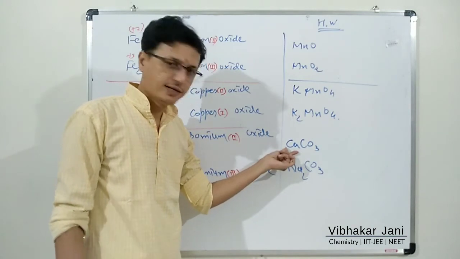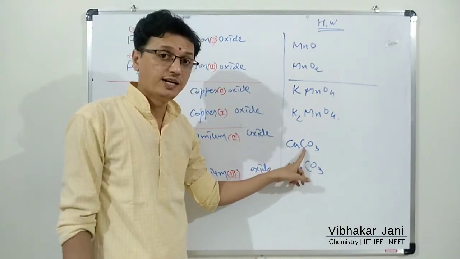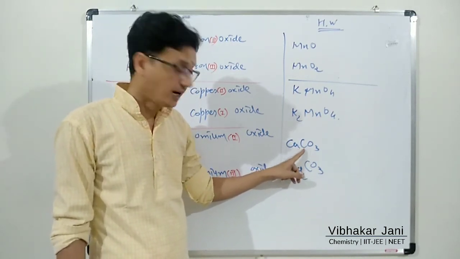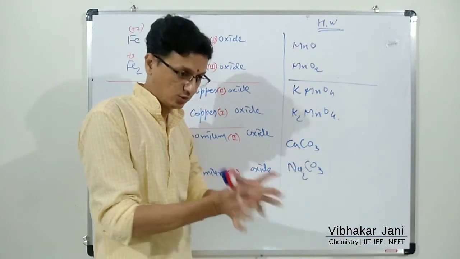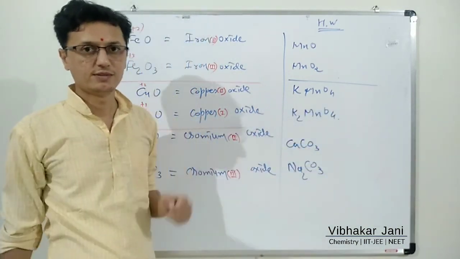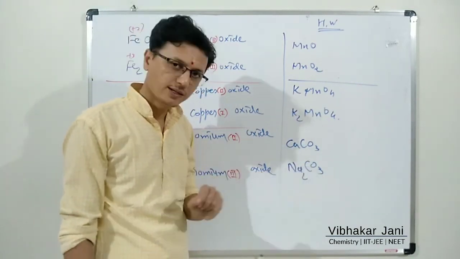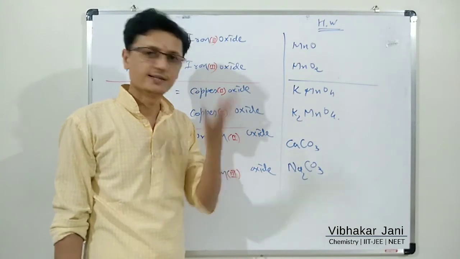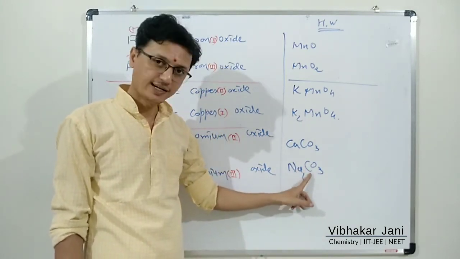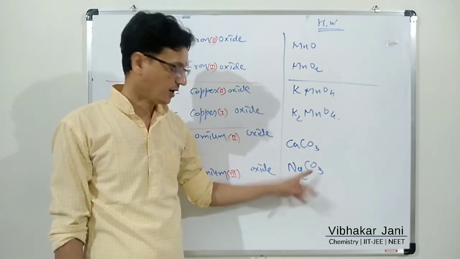Name of the first element as it is, but after the name of the second element, we have attached ate as suffix. Calcium carbon-ate. Very simple. There are three elements: sodium, carbon, and oxygen. So the name of the first element will be as it is, sodium. But after the name of the second element, we will attach ate. So it is sodium carbonate.